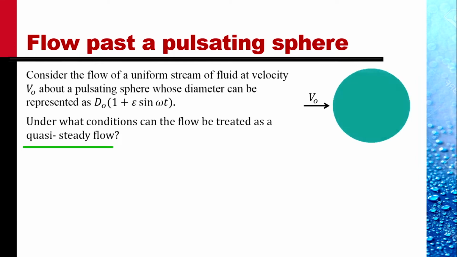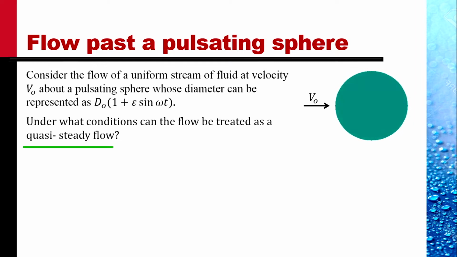A quasi-steady flow would mean that at any given instant, the flow would behave like a steady flow. That is, we could neglect the inertia forces. But the flow is not really steady. It is changing with time, because at any given time, it must accommodate the boundary conditions.